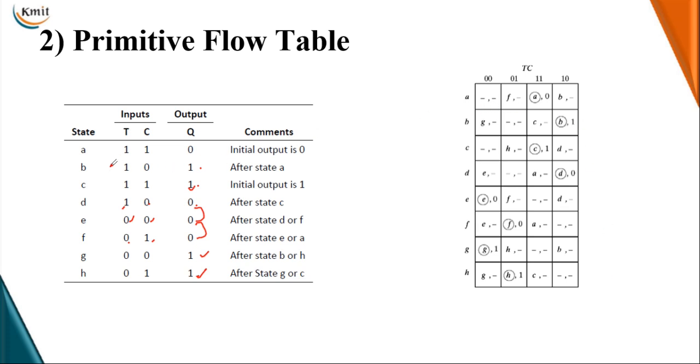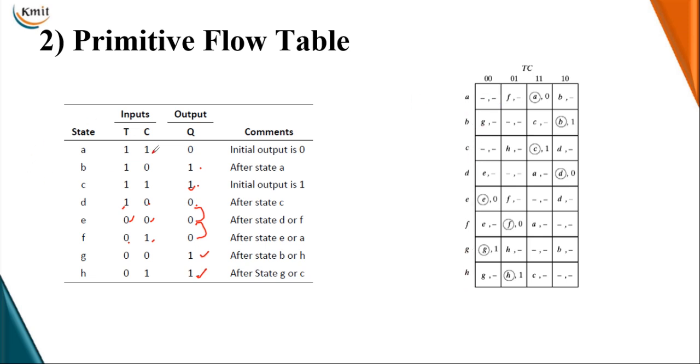Now, first we will find the stable states. The stable state is achieved for your state A on input condition 1 1, toggle input and clock input. Here I mentioned the number of states derived from this asynchronous sequential circuit, which are a total of 8 states.